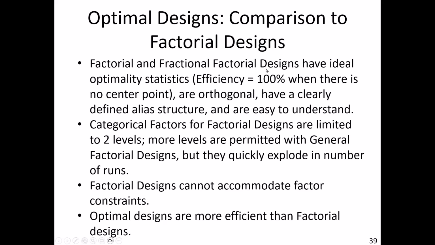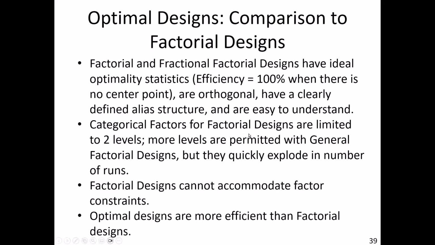So factorial and fractional factorial designs have ideal optimality statistics. They're orthogonal. They have a clearly defined alias structure, and they're relatively easy to understand. So if you just need to do a basic DOE, then use a factorial or fractional factorial design. You don't need an optimal design just because it's a cool design to use.